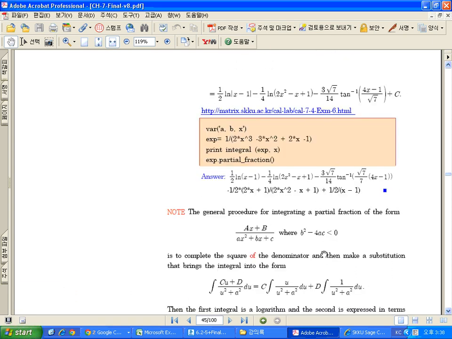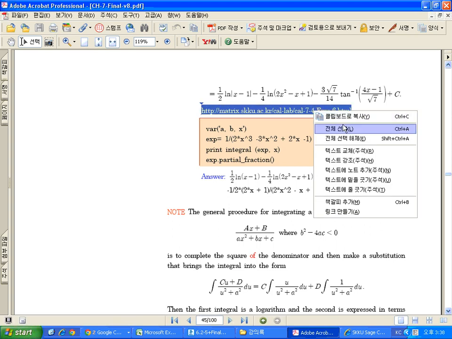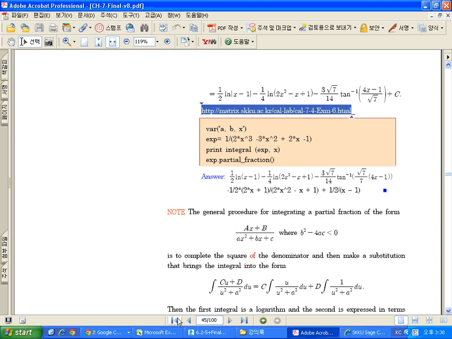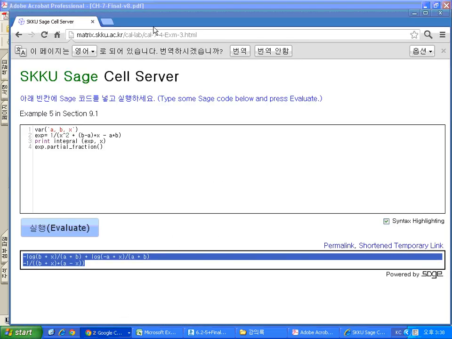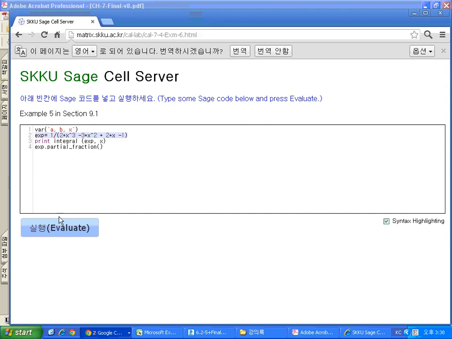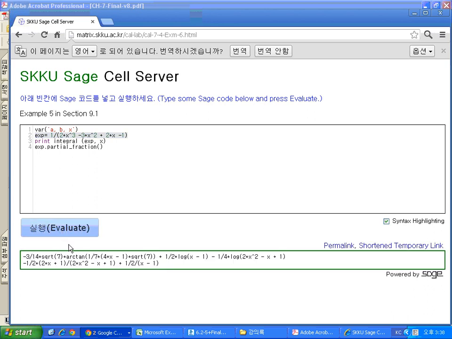Okay? But this also can be done in here. Copy, and if we check it at the single cell, then this is the given function in example 5 in section 7.2.